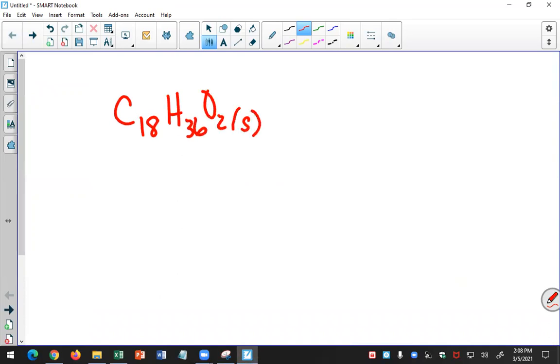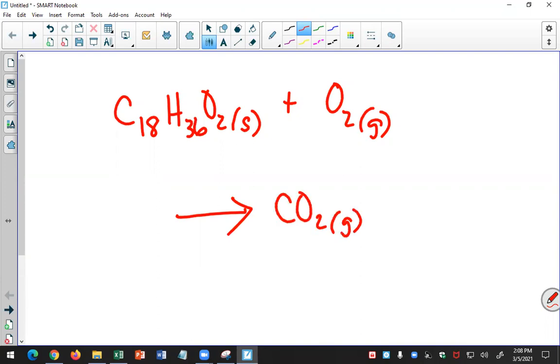C18H36O2 solid plus O2 gas. That's what happens in combustion. What are the products of combustion? CO2. Lots of oxygen, so all of your carbon ends up as carbon dioxide. What happens to all the hydrogens? Become water, liquid, 25 degrees eventually, and that's it, right?